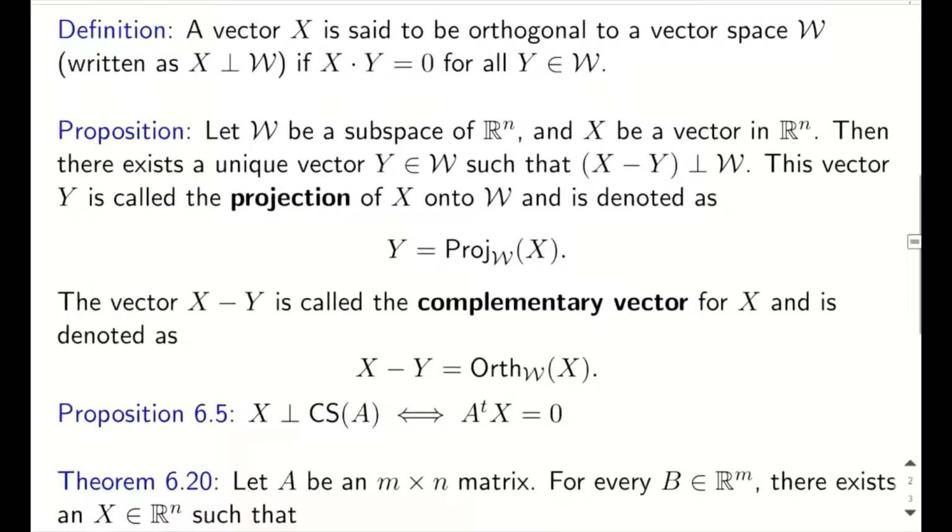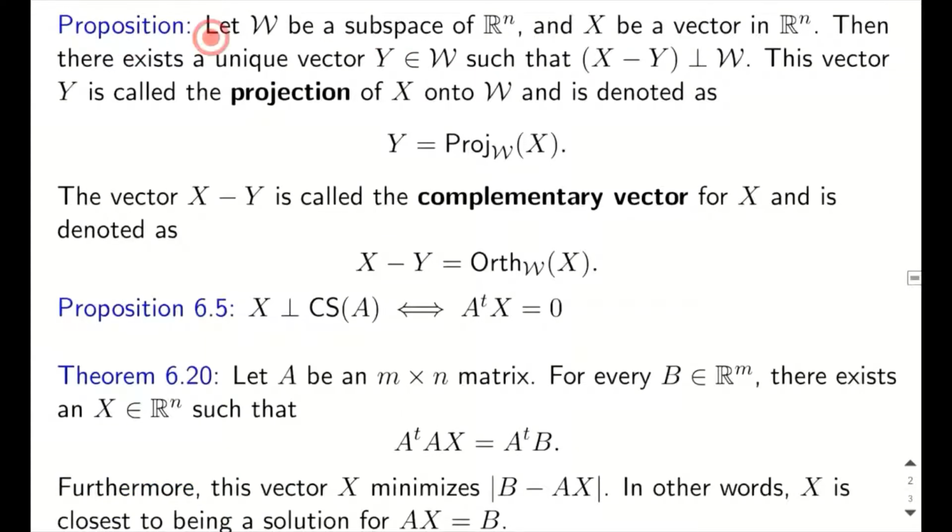So first is the definition. A vector is perpendicular to a space if it is perpendicular to every vector in that space, and the perpendicularity is expressed as the dot product being 0 for all y in W. Next, the proposition. Let W be a subspace of Rn and x be a vector in Rn.